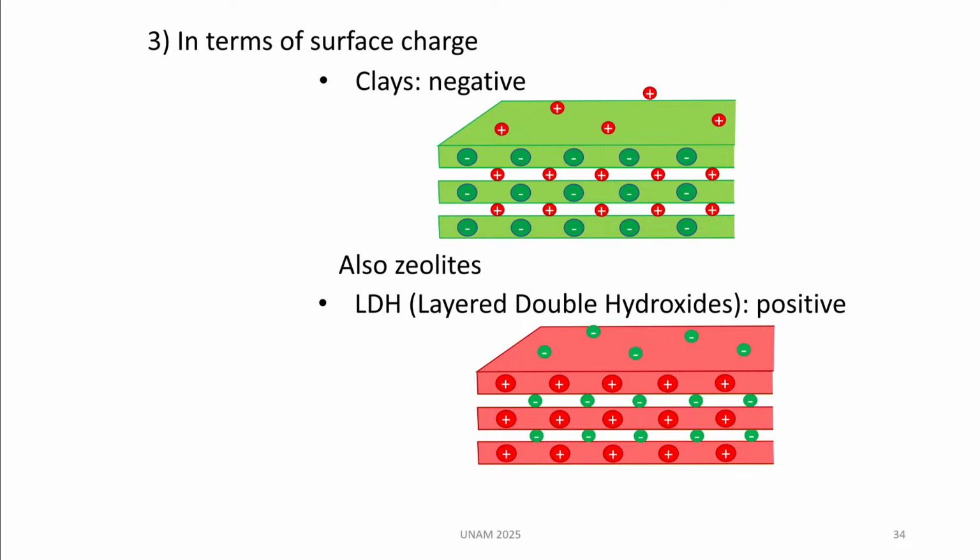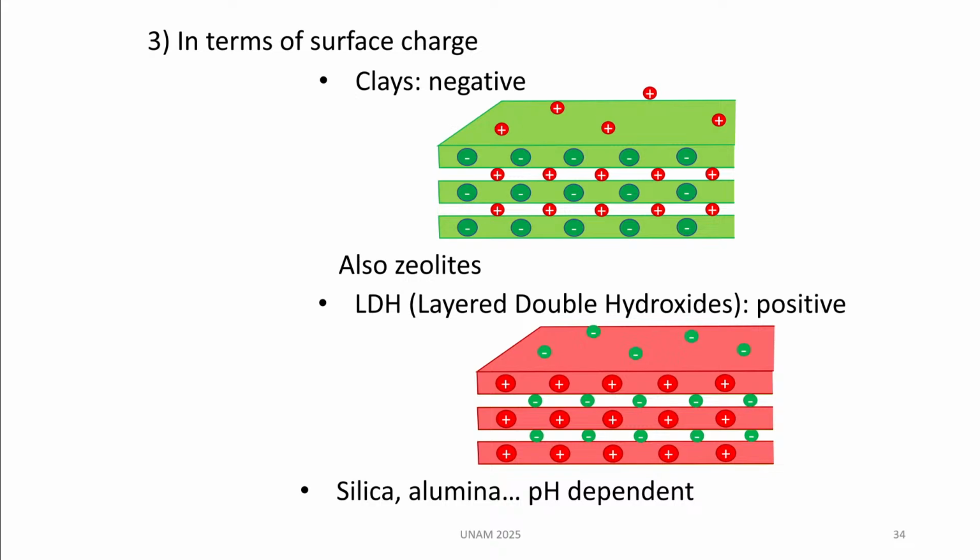So you have a negative network charge in the case of clays, compensated by cations, and you have a positive charge compensated by anions in the case of layered double hydroxides.